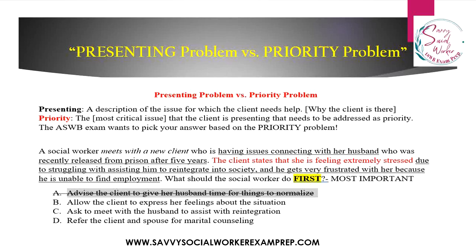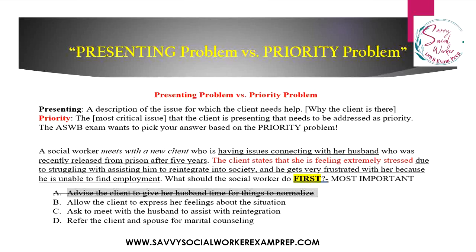C, would the most important thing be to ask to meet the husband to assist with reintegration? Okay, so the client is feeling extremely stressed due to struggling with assisting him to reintegrate. So asking to meet with the husband to assist with that is something that we could possibly do later down the line, but that is not the most important thing right now.